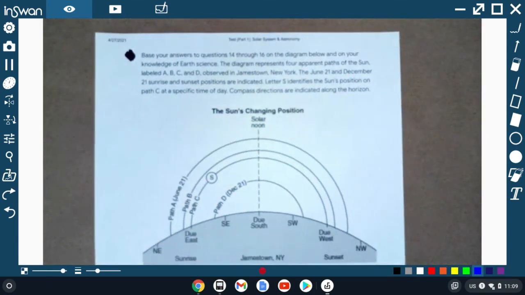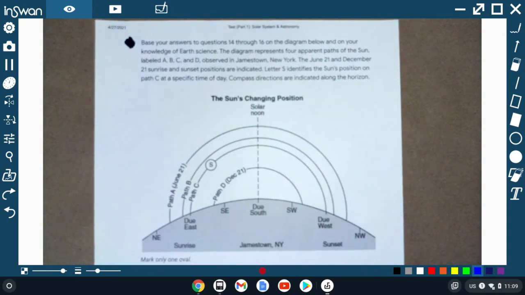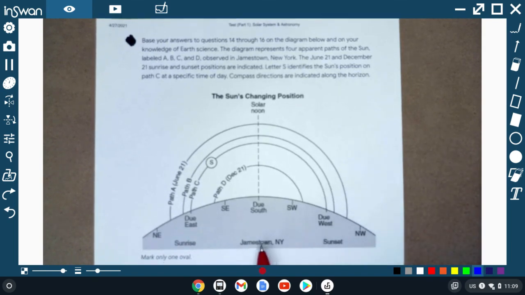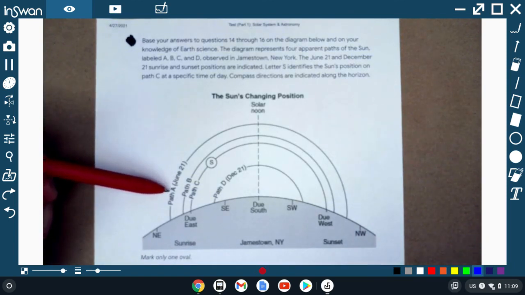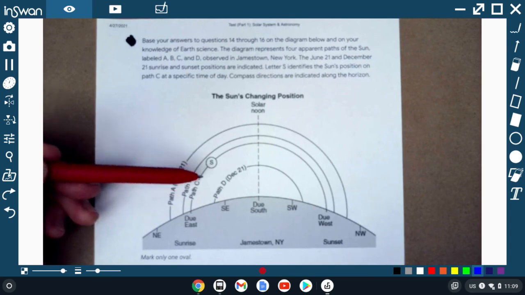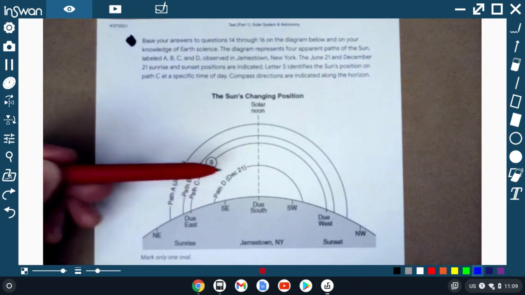So we had a kind of similar diagram here. So questions 14, 15, and 16 use this. And once again, this is our horizon. Pretend that we're in Jamestown, New York, which is west of us. It's a little southwest. It's just north of the Pennsylvania border. And there's these different paths. So June 21st is path A, path B, path C, and path D is December 21st.